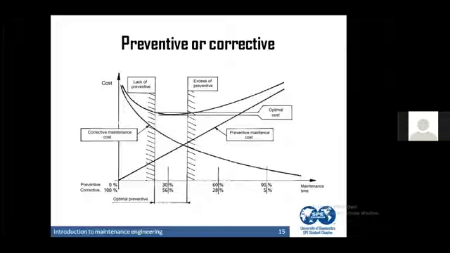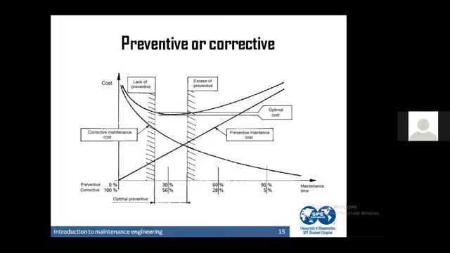So if we map these two curves, we get what we call the optimal preventive level. If we look to the right of this curve, we'll have an excess of preventive. That means we are just throwing our money for nothing, and the probability of having a failure is too low.